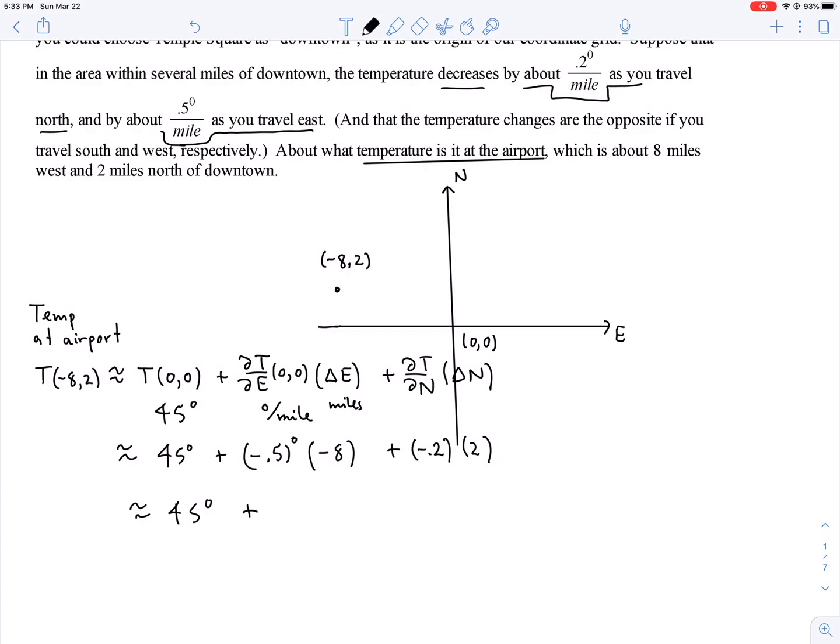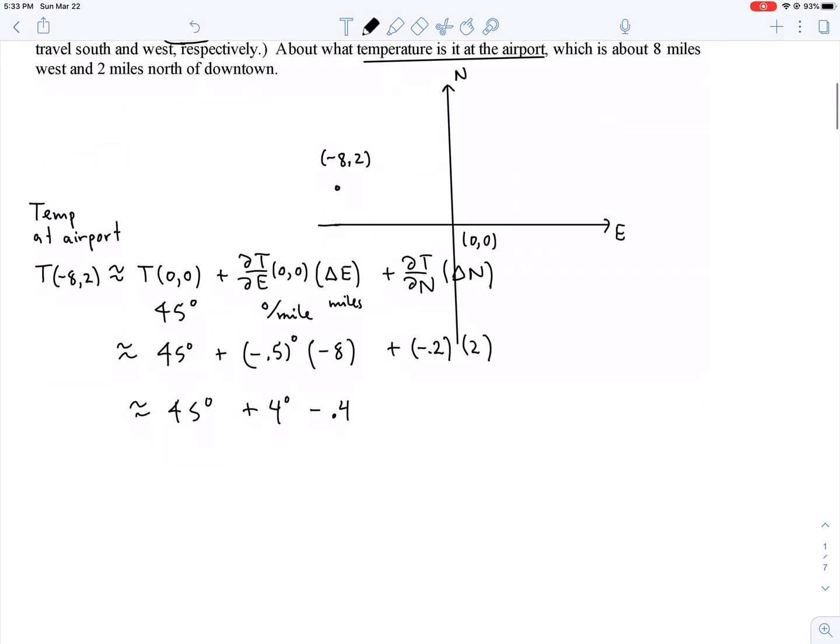So I started at 45 degrees. After going 8 miles west, it was 4 degrees warmer. And then I still had to go 2 miles north, which decreased the temperature by 0.4 degrees.